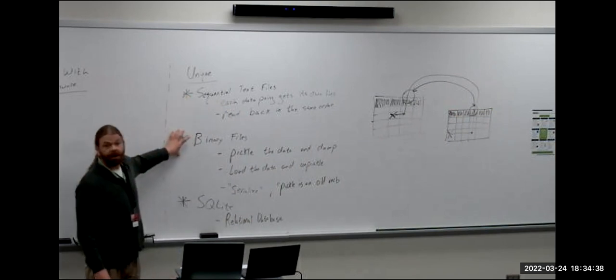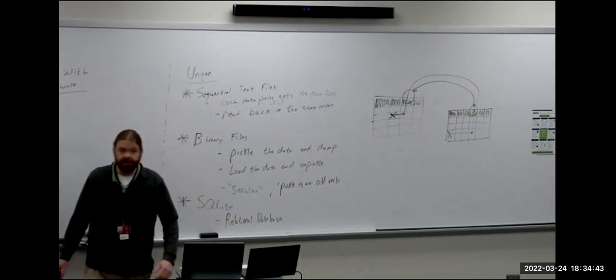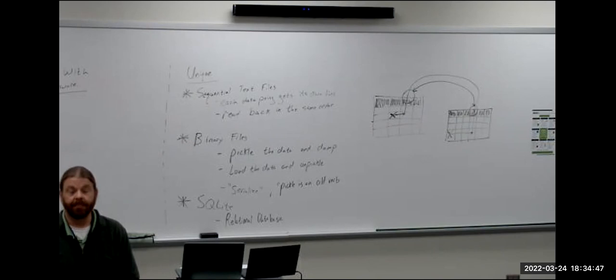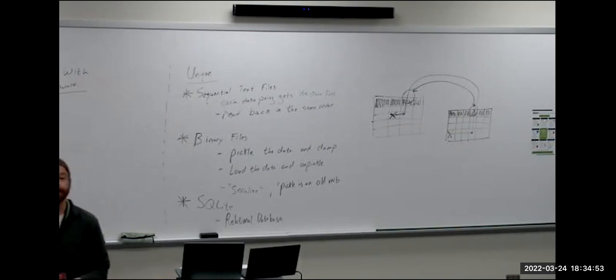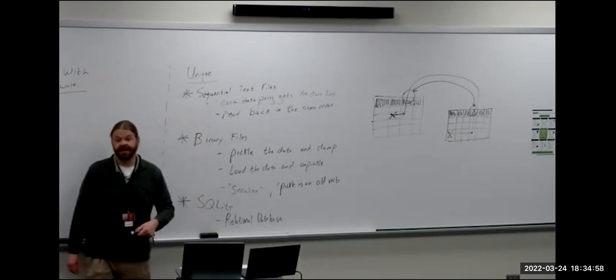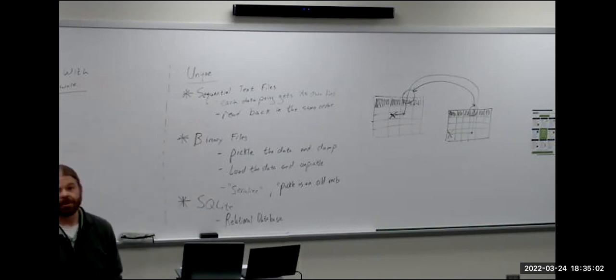With both of these, we need the whole file every time. If we serialize or pickle our data and write that to a file in binary format, the only way we're getting anything back out of it is if we bring that whole file back in. A sequential text file, the order matters, so we have to write all of our data to that file in a certain order.